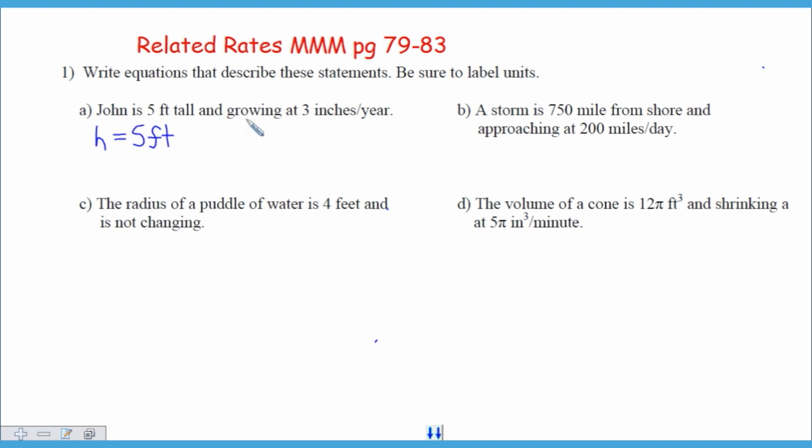If he is growing at a rate, this is a rate because it's inches per year, we're going to call that dH. It's how H is changing. And notice that this is changing in a time period. So the denominator of this derivative is not x, it's dt, because height is changing with respect to a time unit. And that is going to be 3 inches per year.